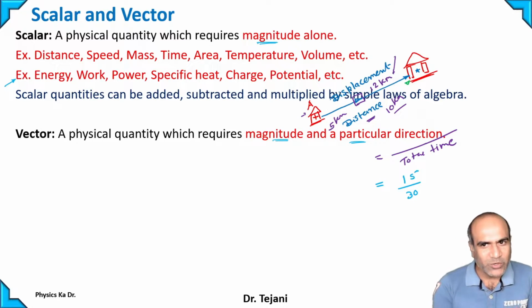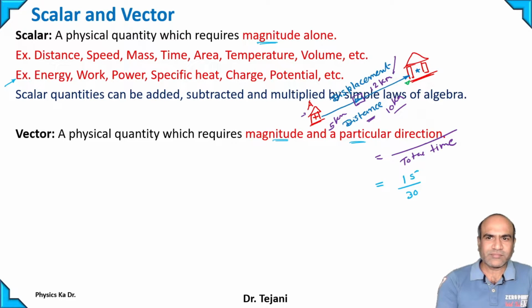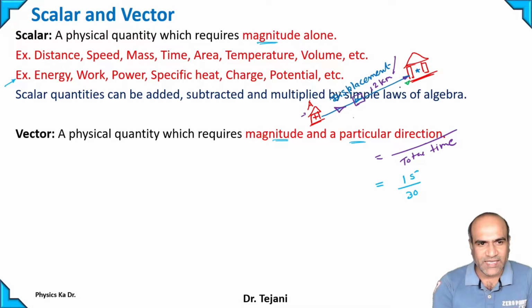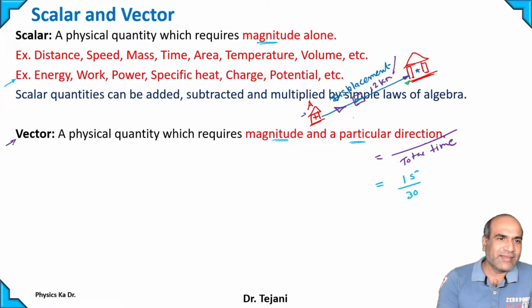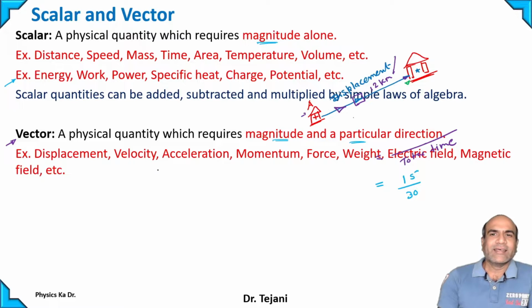If we take the similar example, if she takes a path in a particular direction, directly straight towards a school in the 12-kilometer distance, right? A shortest path, if she is taking, that means that becomes vector. And this is why displacement is a vector.